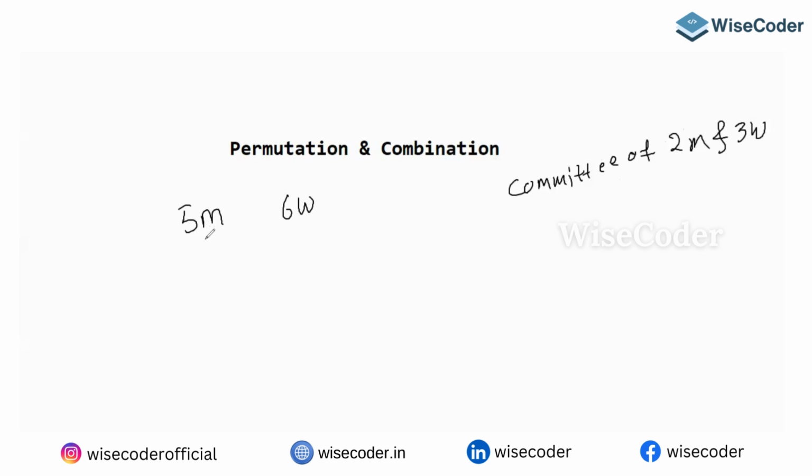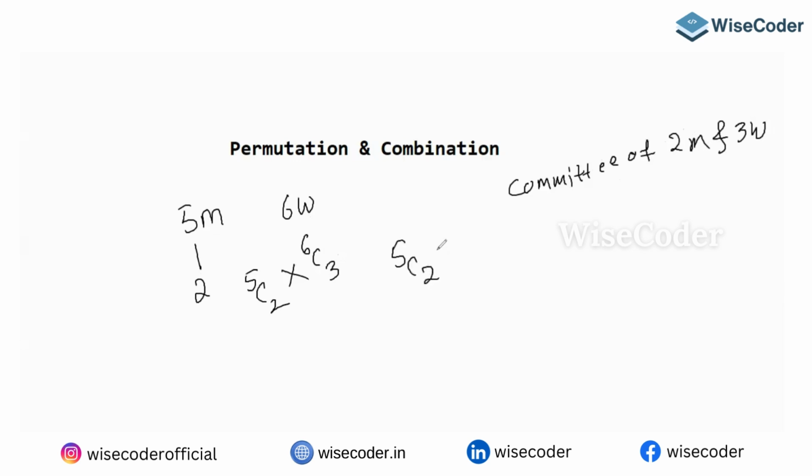Guys, look here, 2 men can be selected out of 5, so can I say 5C2? Yes or no? Out of 6 I need to select 3 women, so I can say 6C3. And is the conjunction, which means which term will come?